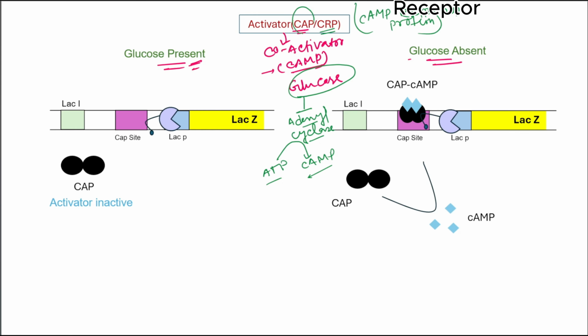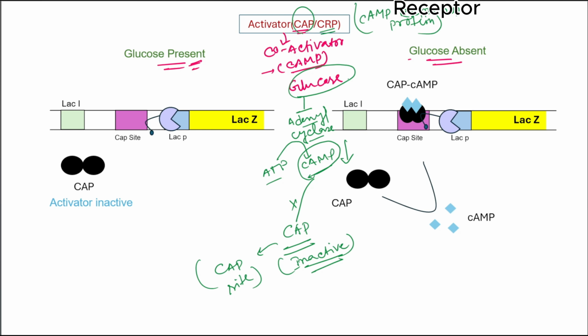CAP functions when it is bound to cAMP. If cAMP is low, cAMP cannot bind with the CAP protein, then CAP is inactive and does not bind at the CAP site. So if glucose is present.